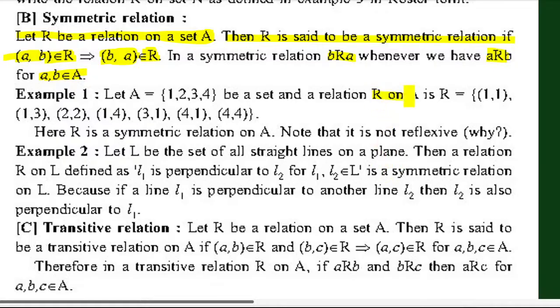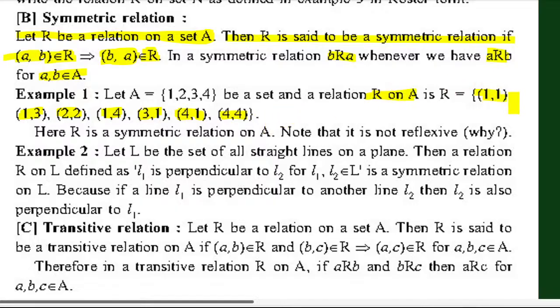See, we have (1,1), (1,3), (2,2), (1,4). Now is the opposite there or not? What about (1,3)? (3,1). Yes. What about (1,4)? (4,1). It is present. Then we have (4,4). The opposite of (4,4) is (4,4) itself.